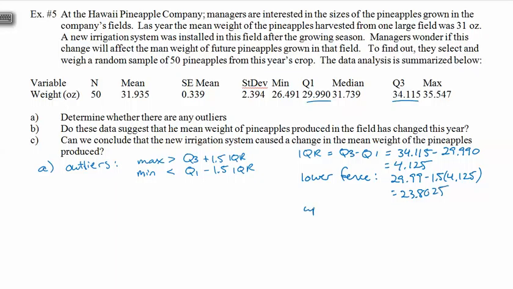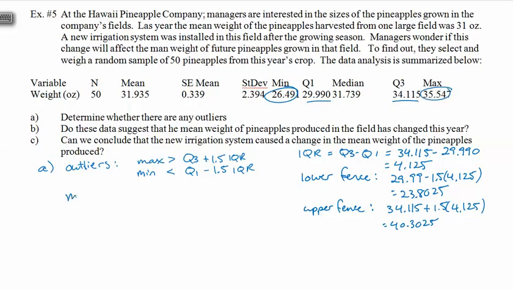The upper fence is 34.115 plus 1.5 times 4.125. So 40.3025.